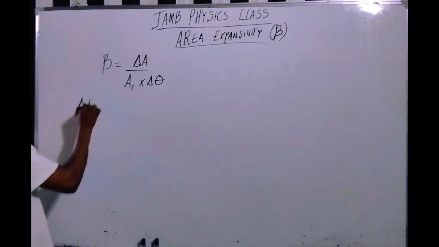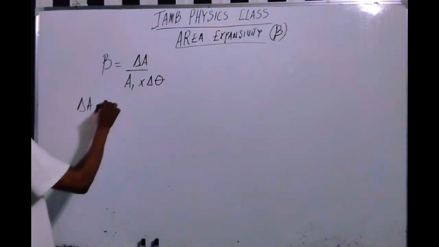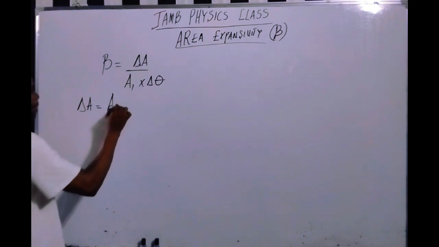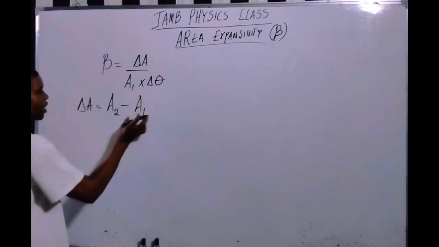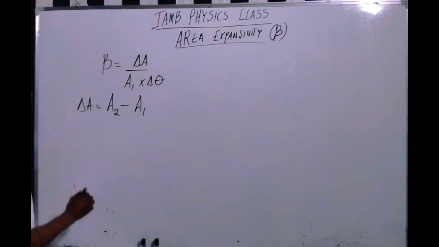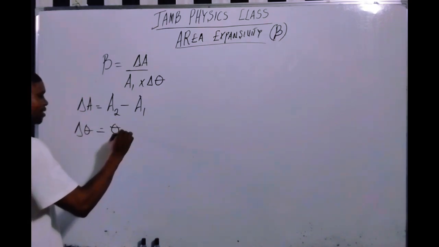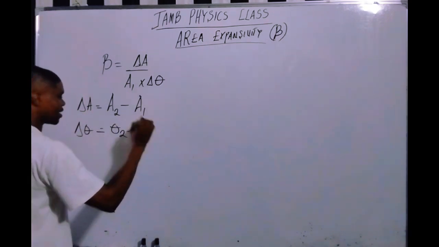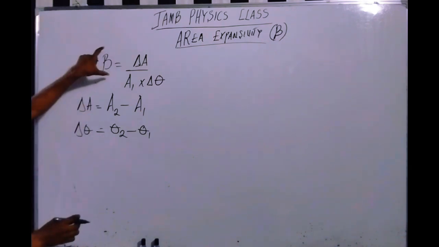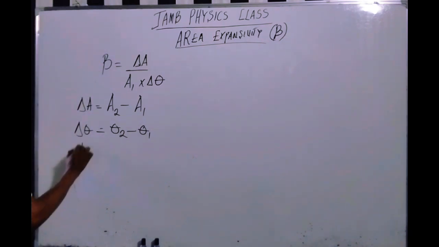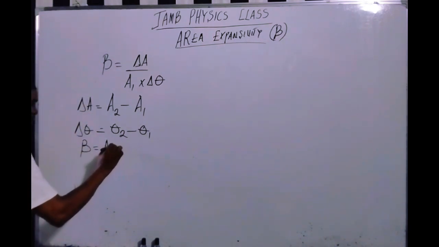Change in A is equal to the final area minus the original or initial area. You see that? Then change in temperature is the final temperature minus the initial temperature. Do you see that? Now this B is the area expansivity.